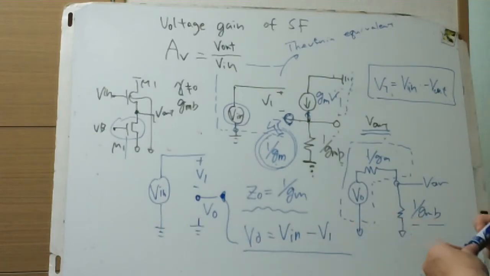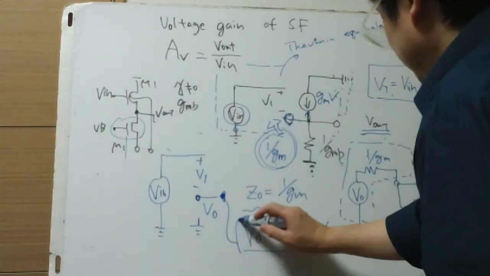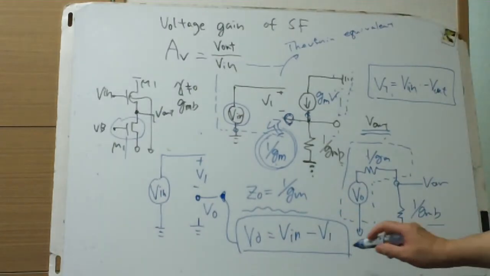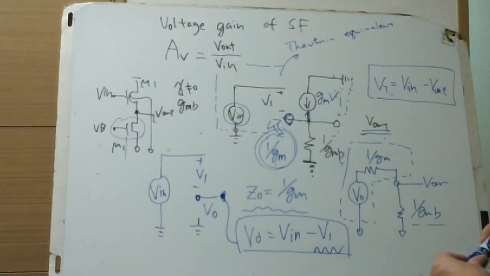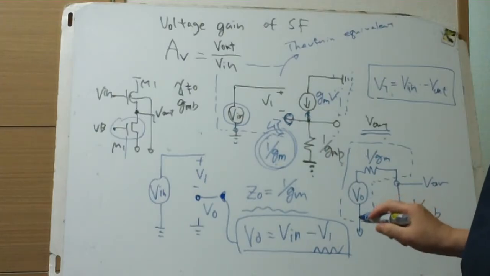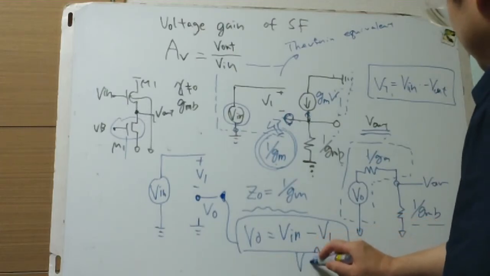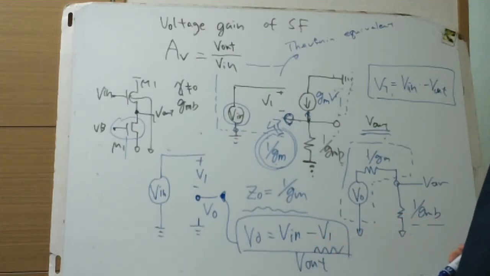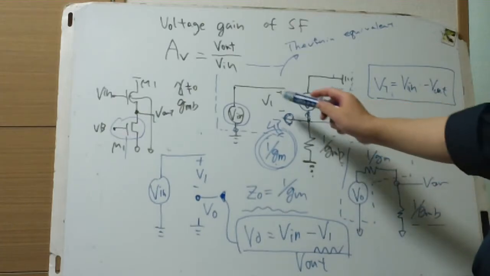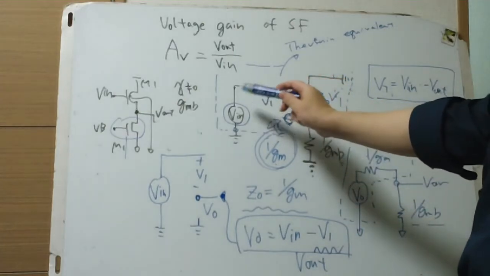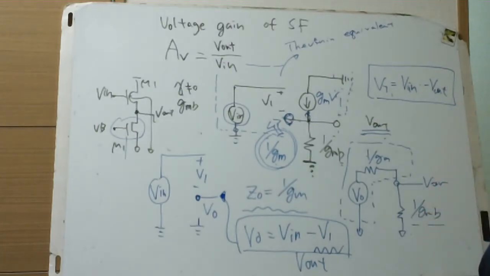This is superposition. I have a doubt, but V1 exists there, but V1 equals Vin minus V out. So this is V out. It's weird. V1 equals Vin minus V out.